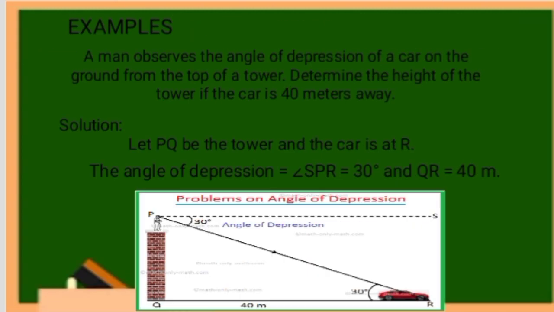Example: a man observes the angle of depression of a car on the ground from the top of a tower. Determine the height of the tower if the car is 40 meters away. So, here is our observer. This is our object.